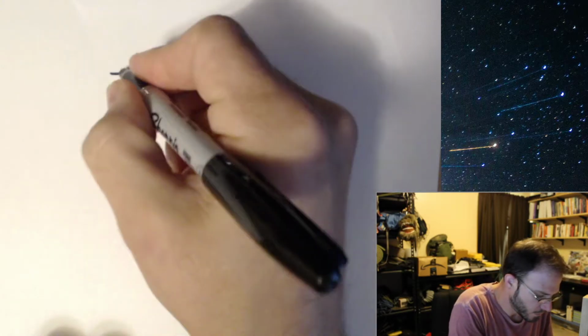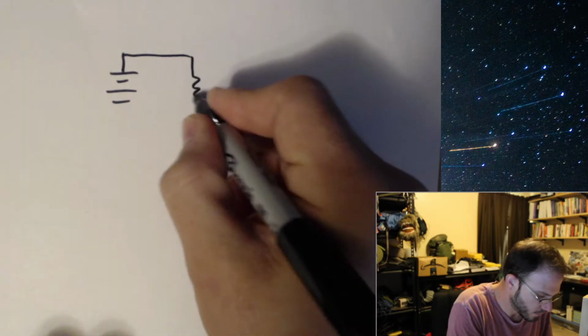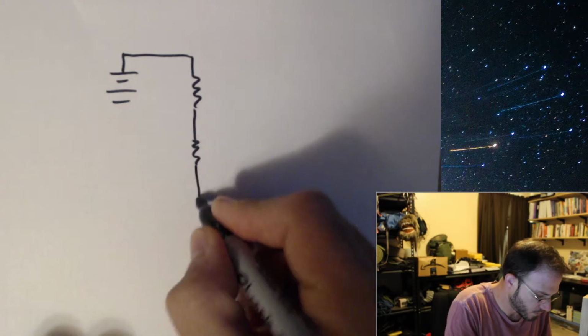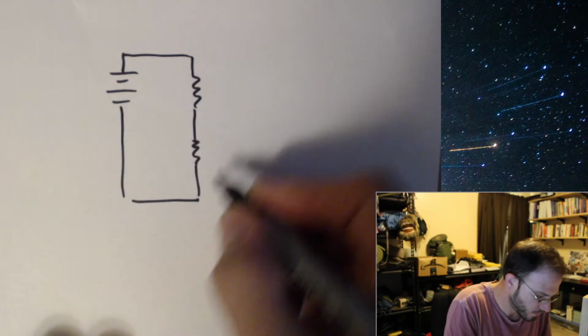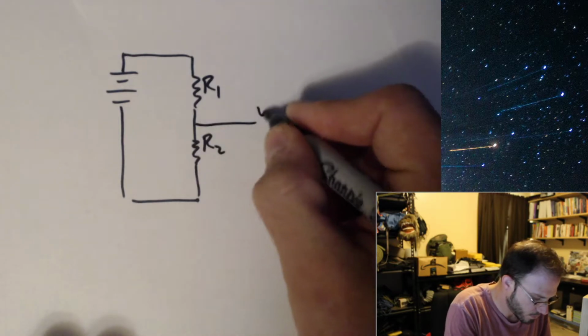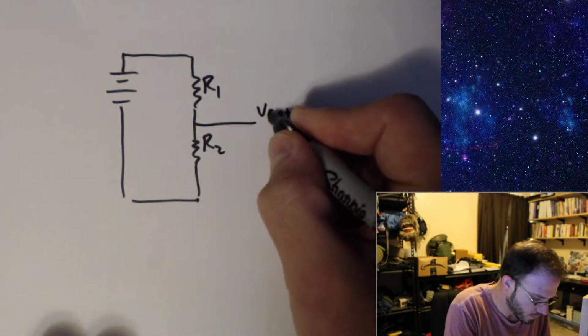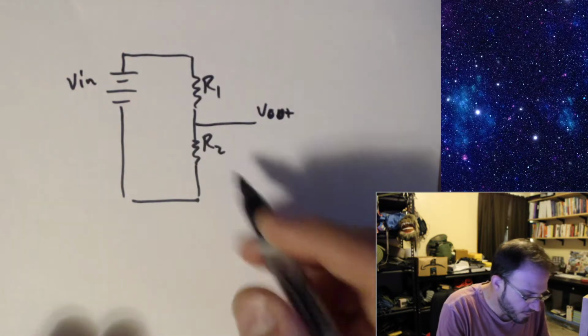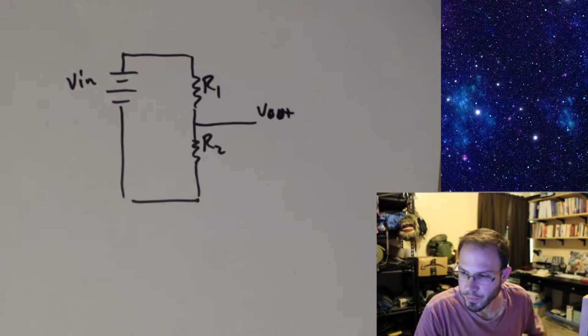Let's go back and do this symbolically. So I have a V in and a V out and an R1 and an R2.